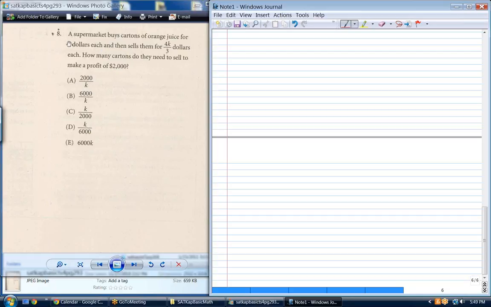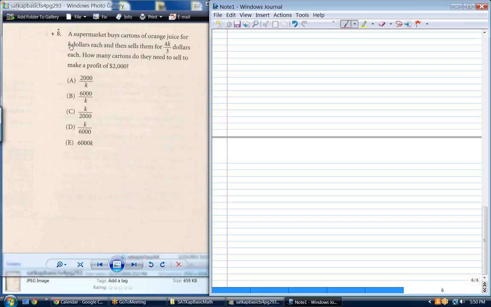What would be a nice round number to pick? And I'll show you why we're going to pick 3 for K. In other words, we can make up anything we want. It won't matter, right? I could say orange juice sells for $2. I could say it sells for $10. I could say you could buy it for $10.